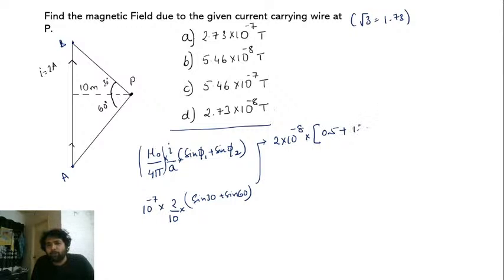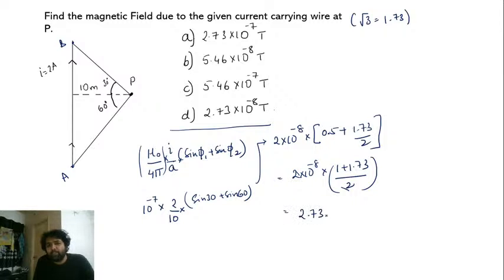Or we can just say 1.73 by 2. So take by 2 common everywhere, you will get 2 into 10 power minus 8 into 1 plus 1.73 by 2. 2 and 2 are gone, you're getting the value to be 2.73 to the power minus.